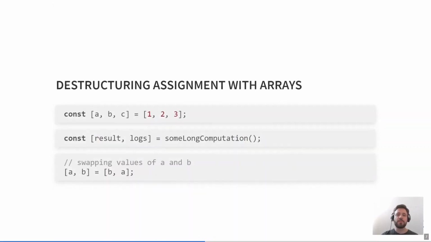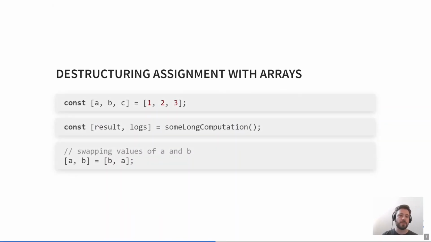And something similar is possible for the contents of arrays. For example, in the first line here, you can see the contents of the array 1, 2, 3 being assigned the variable names a, b, and c. Or in the second example, it could be that a longer computation would return some results, but also some logging information.